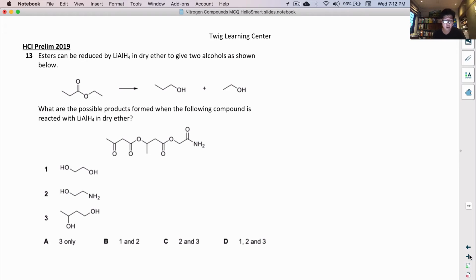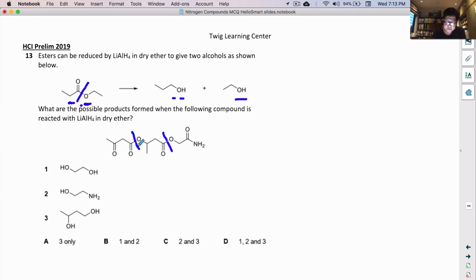Which are the possible products formed when the following is reacted with lithium aluminum hydride? Lithium aluminum hydride can break this ester linkage, and as you notice, both ends will become alcohol. This part becomes alcohol and the other side also becomes alcohol. Let me just draw it out. I'm going to break this and break this, the ester linkages.